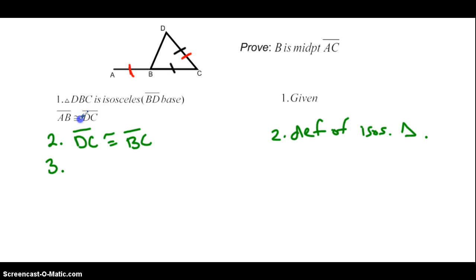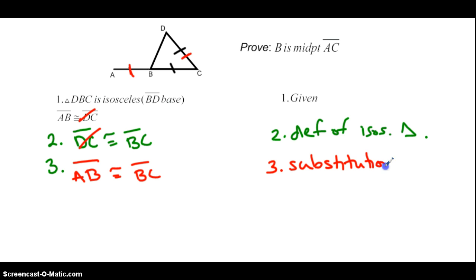These could cancel themselves out and we could conclude that segment AB is congruent to segment BC. We're going to use substitution, although transitive property would be correct as well.